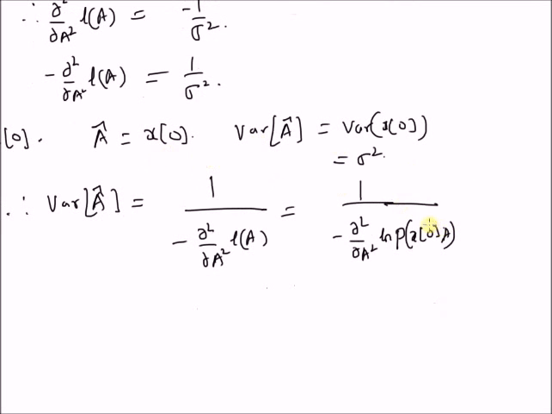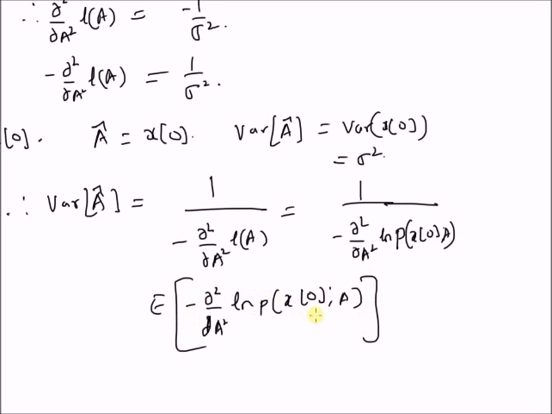For this example, clearly the sharpness factor, or the negative second derivative, is equal to 1 by sigma squared, which is basically independent of the observation x[0]. But in the general case, this sharpness factor usually depends on the observations, and so we have to consider an average value of this negative second derivative, that is, an expectation of the negative second derivative, given by minus the second derivative of the log of the probability density function at x[0].